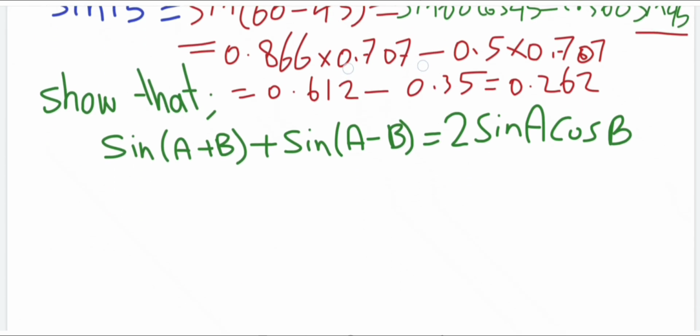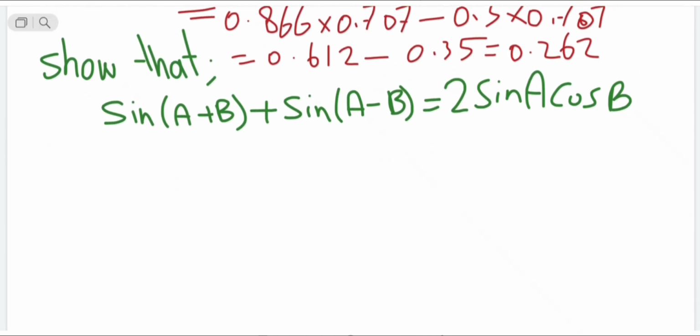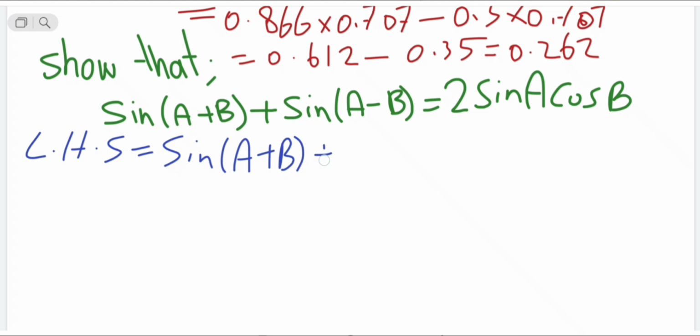Okay, now look at the next one. This has shown that when you solve this one, the answer should be equal to this one. So I will try to solve by using the left hand side, which is equal to sin(A + B) + sin(A − B). So what is the rule?